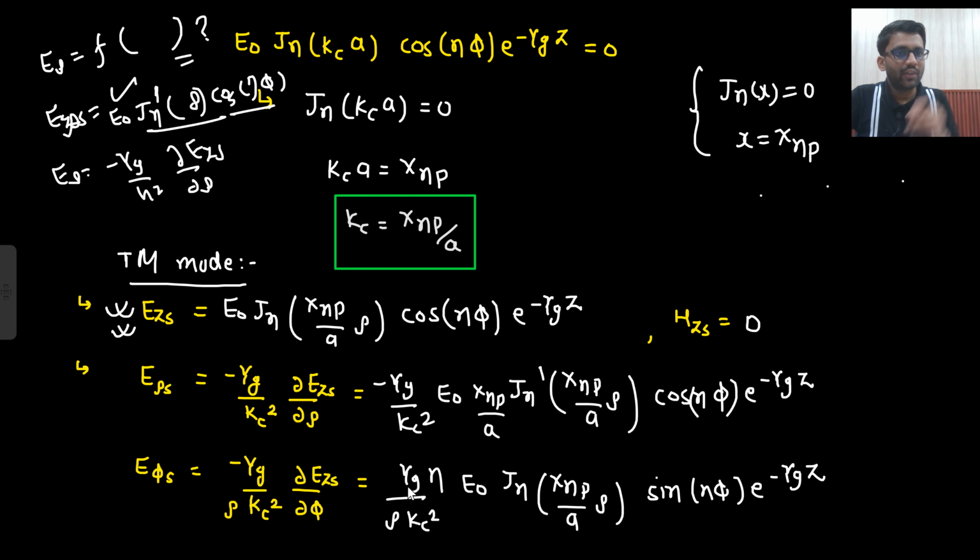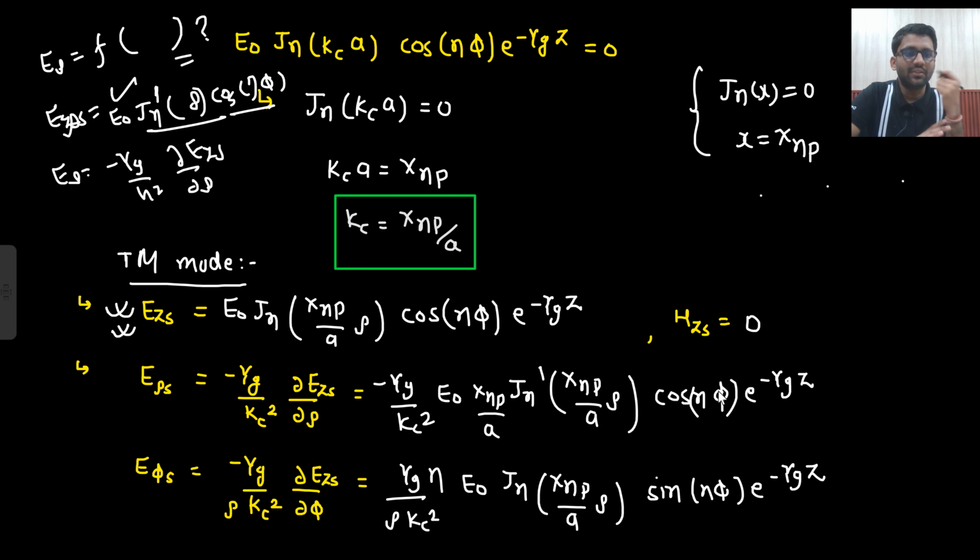In circular waveguide you will realize that in TE mode the expressions are different. In TM mode, E rho is a function of Jn dash and cos n phi. But in case of TE mode, E rho will be a function of Jn and sin n phi. So those expressions are different.